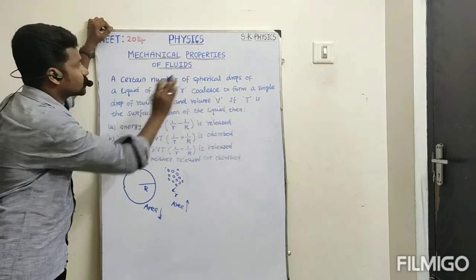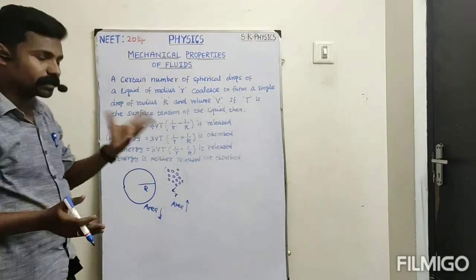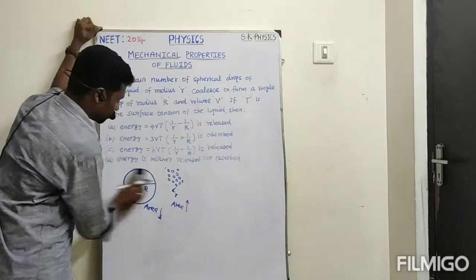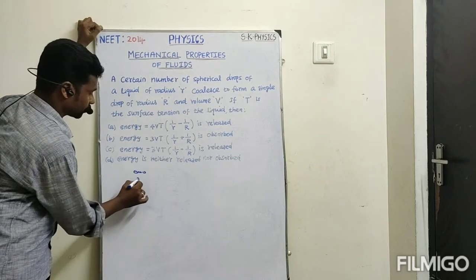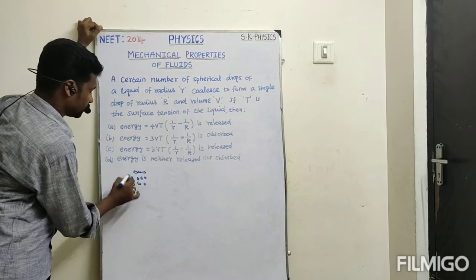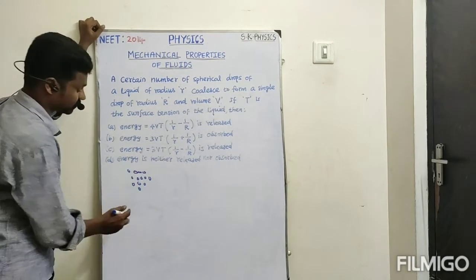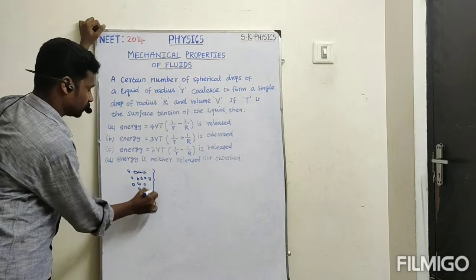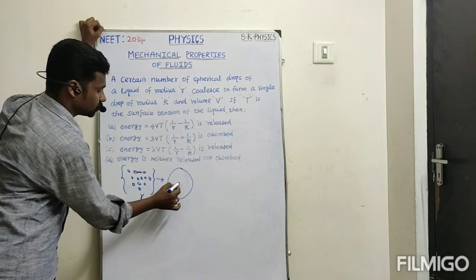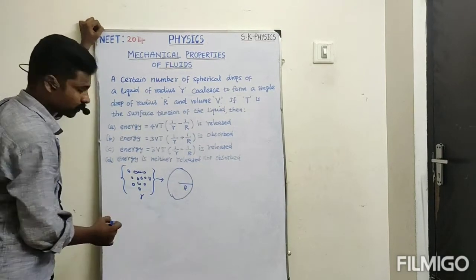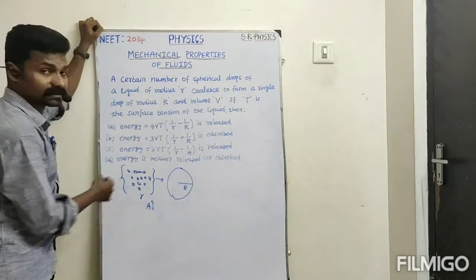But in this question they said small droplets combine together to form a big droplet. So now n times small droplets, its radius is r. They are combined together to form a very big droplet, its radius is R. Now we know very well already the total area of the small droplets is high.